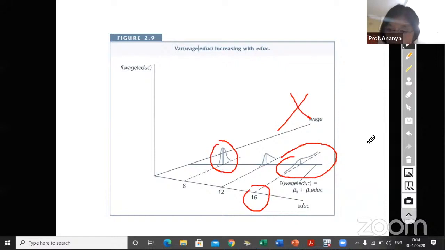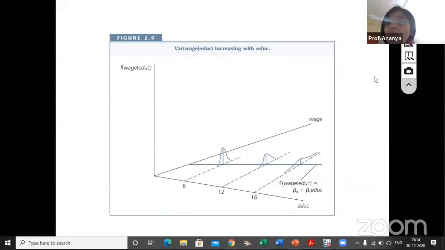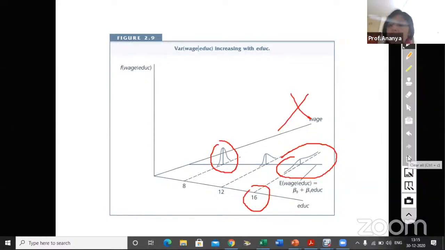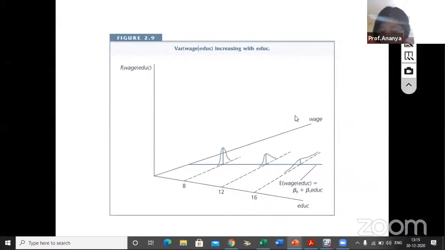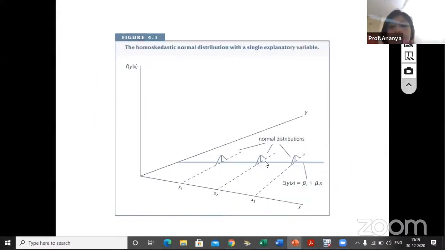So when you're running an OLS regression, you are actually assuming that the spread of wages around the mean is the same, no matter whether the X value is low or high. That is the meaning of the assumption of homoskedasticity, that the errors have the same variance.